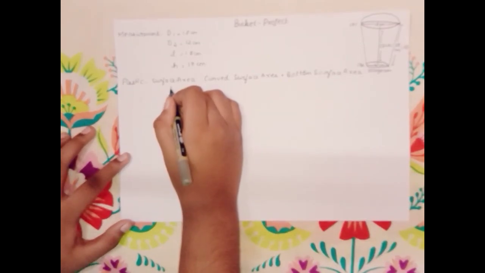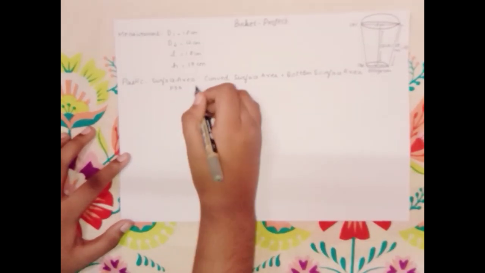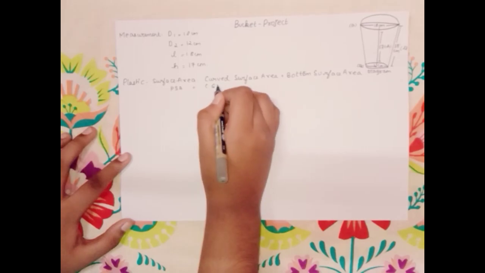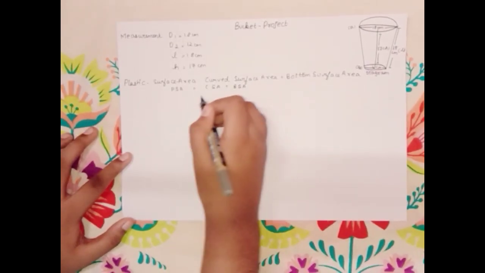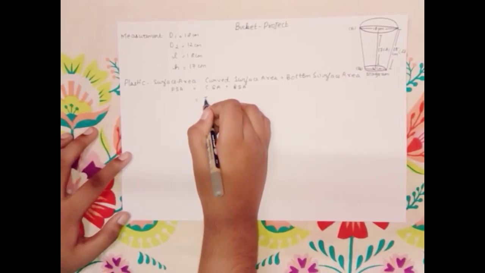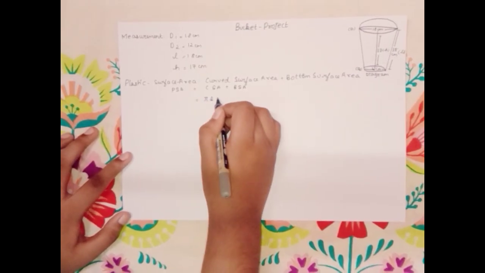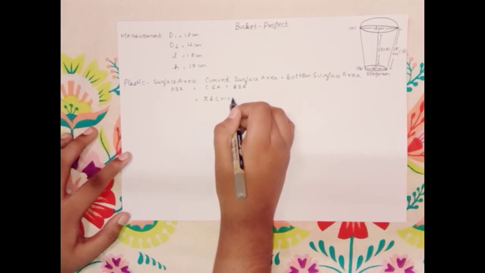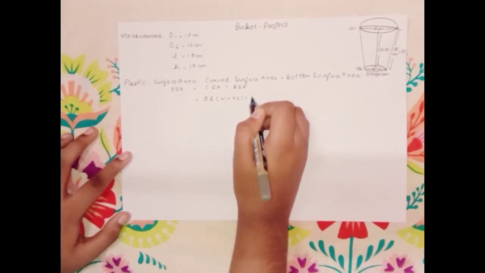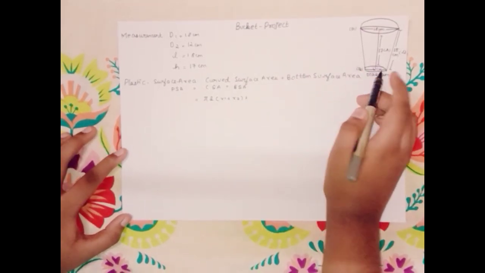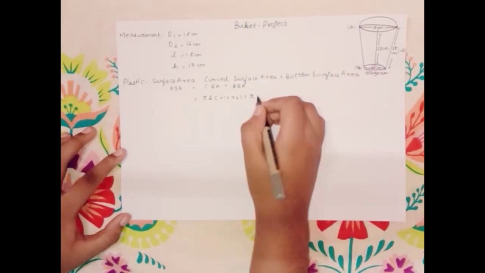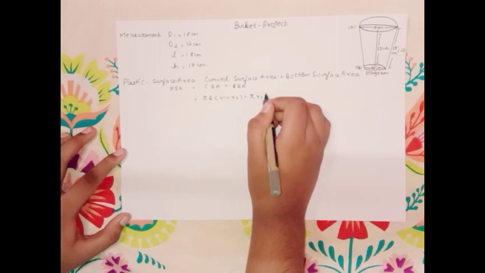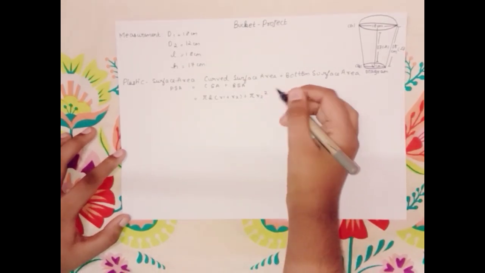So let's write PSA is equal to CSA plus BSA. CSA formula is pi L into R1 plus R2 and bottom surface area, that is circle surface area, is pi R square. So let's keep it as R2 square. So this is the formula.